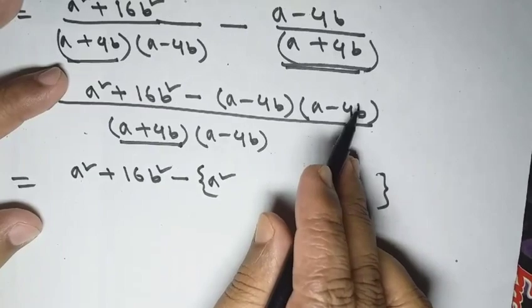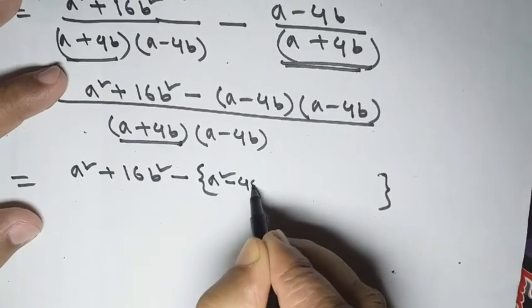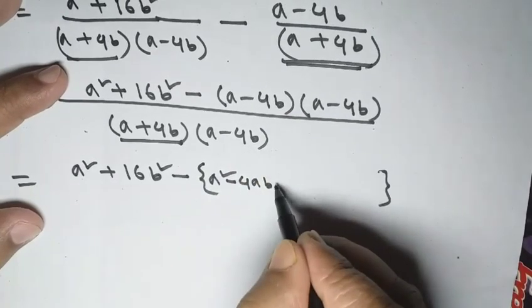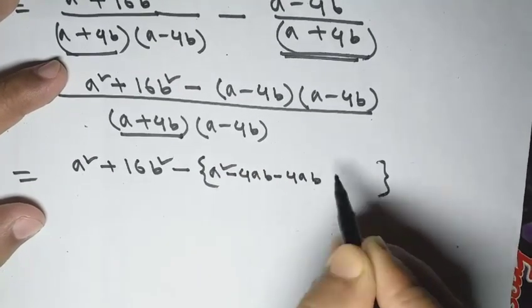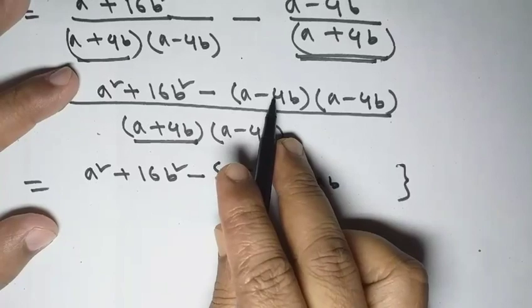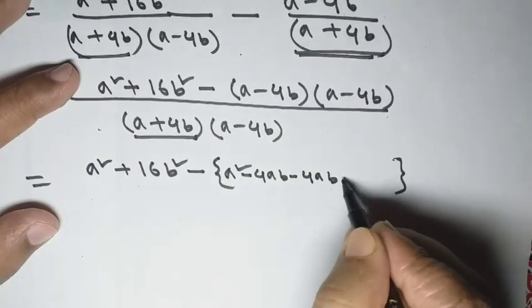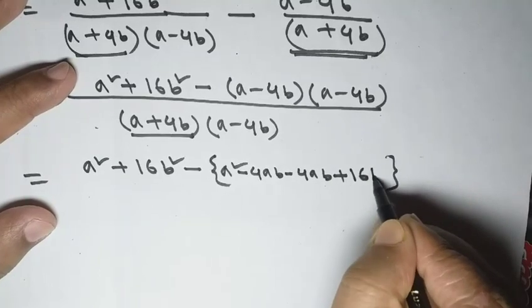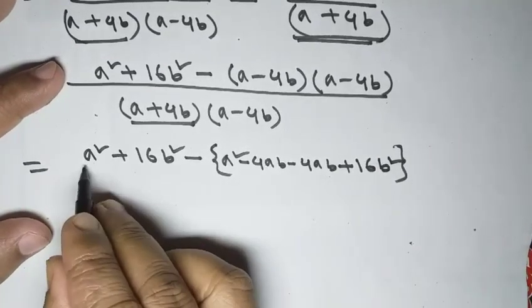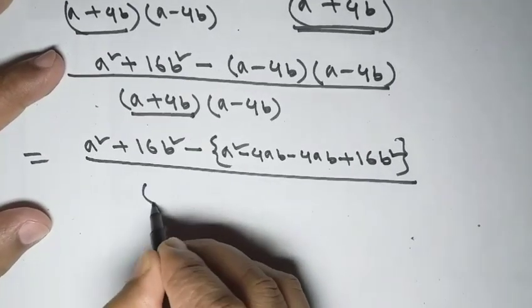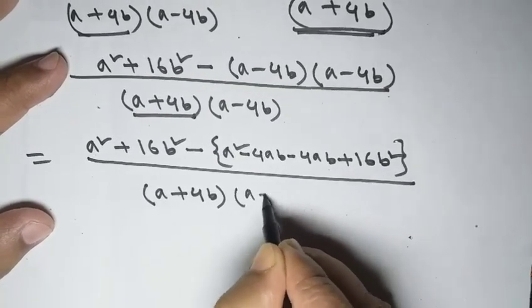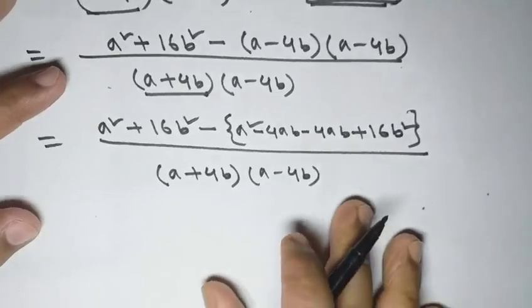A and minus 4b will get minus 4ab. Again minus 4b and a, minus 4ab, and if you multiply minus 4b into minus 4b, we'll get plus 16b square. Then we will write the LCM, a plus 4b and a minus 4b.